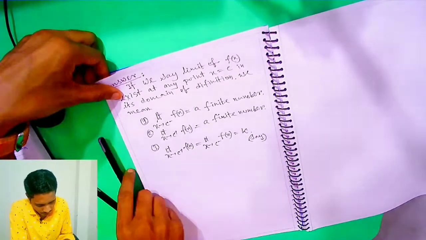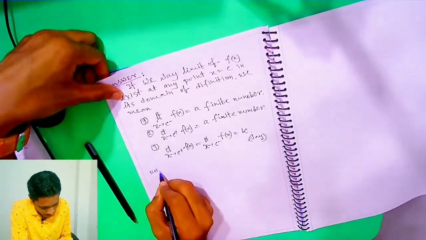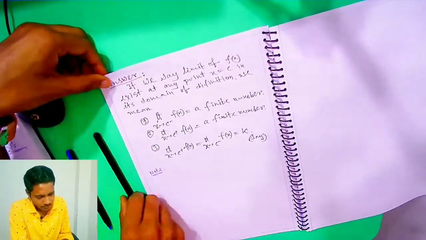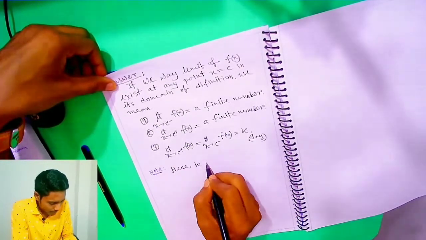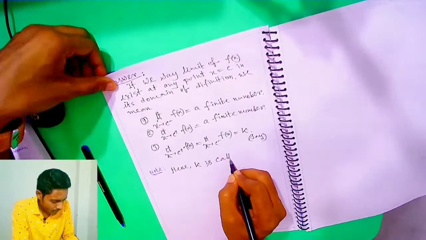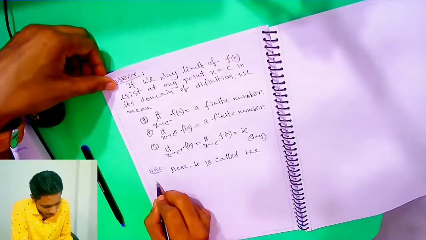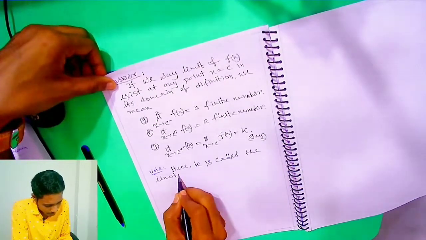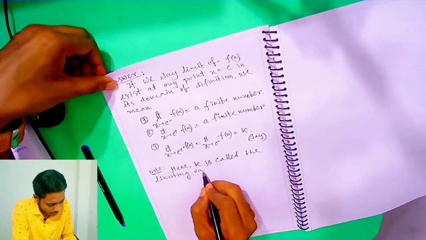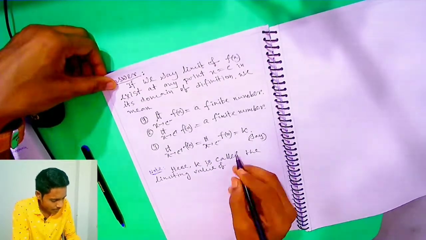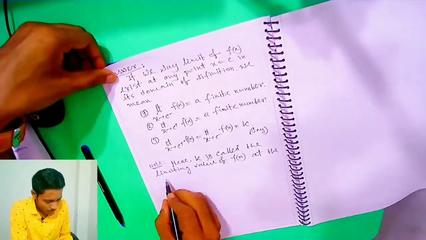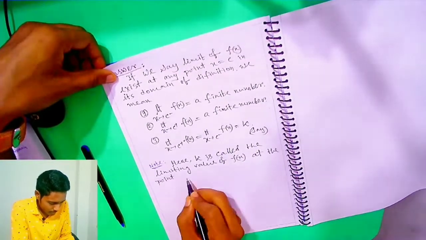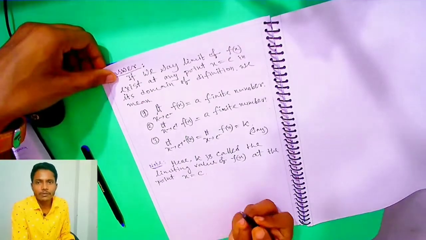Here note k is called the limiting value of f(x) at the point x is equal to c. Okay.